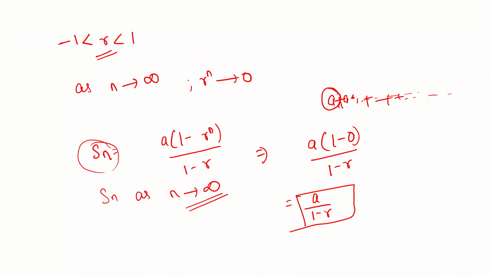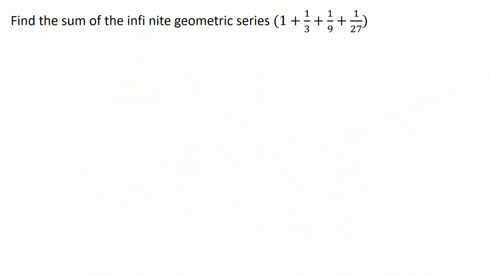So let's understand this further with the help of an example. Find the sum of the infinite geometric series 1 plus 1 by 3 plus 1 by 9, and so on and so forth. Okay, so I need to find out the sum. I know that the formula is a by 1 minus r. What is my a? A is the first term, which is actually 1.